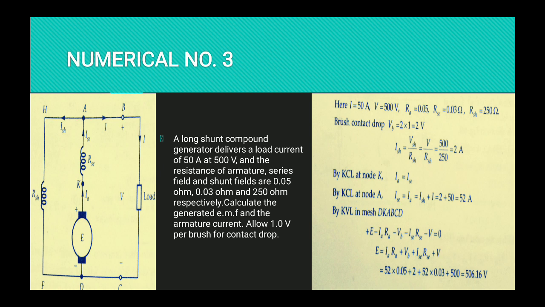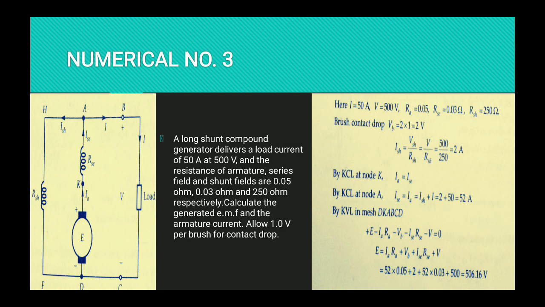Now we have to calculate at first the value of ISH. You can see here there are 2 meshes present. One is DKABCD, and one is DKAHFD.